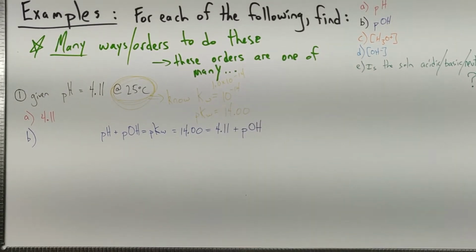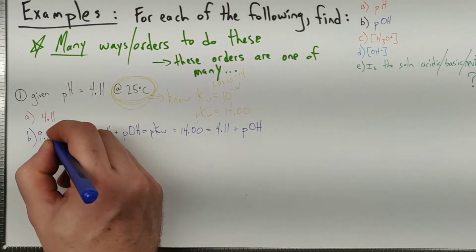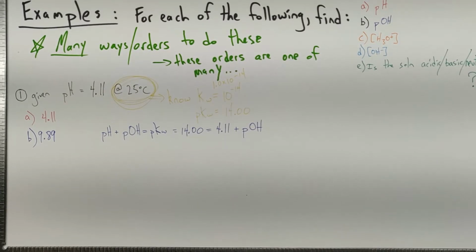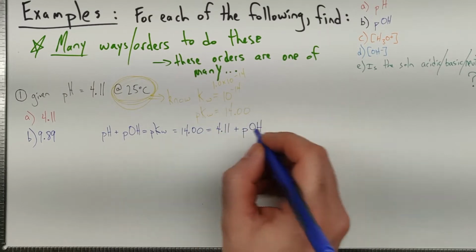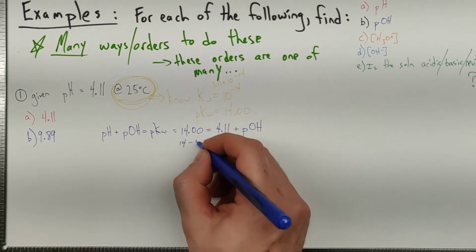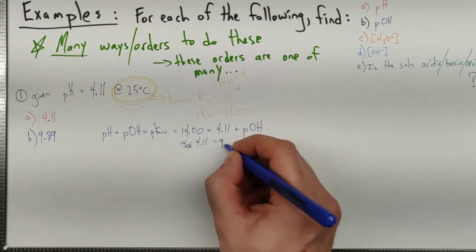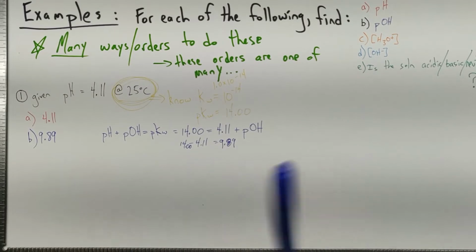So with a little subtraction there, we can get our pOH as 9.89. And I think writing that out was actually more work than doing it, right? So 14 minus your pH got us that number. So 14 minus 4.11 gives us 9.89. All right, so that is really all it took for that one.